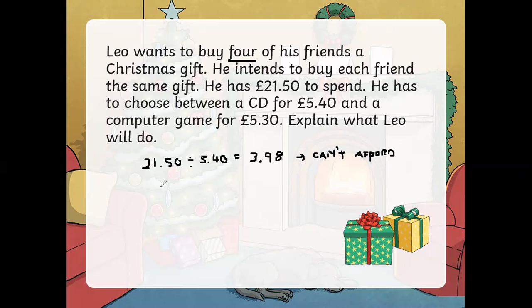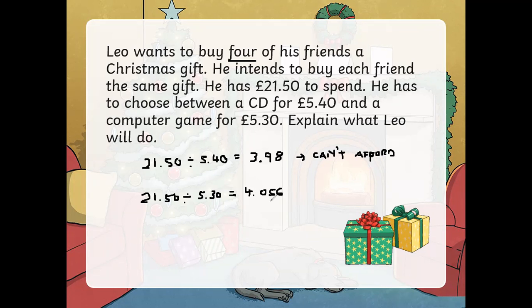Okay, and now we can just double check that he can afford 4 computer games. So we do the same calculation, 21.50 divided by £5.30, because this is the price of a computer game, and that will give us, calculate that, 4.056.